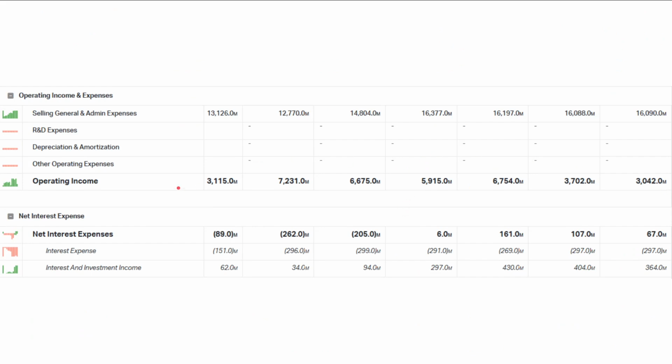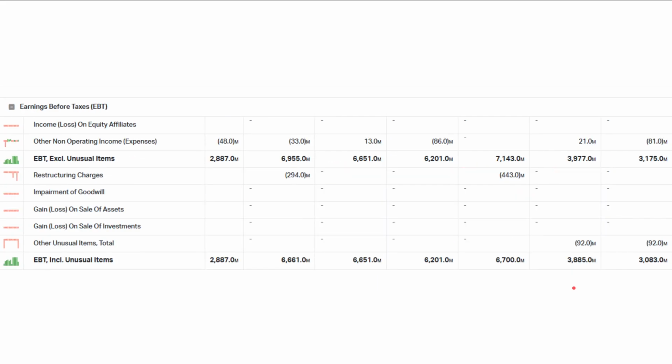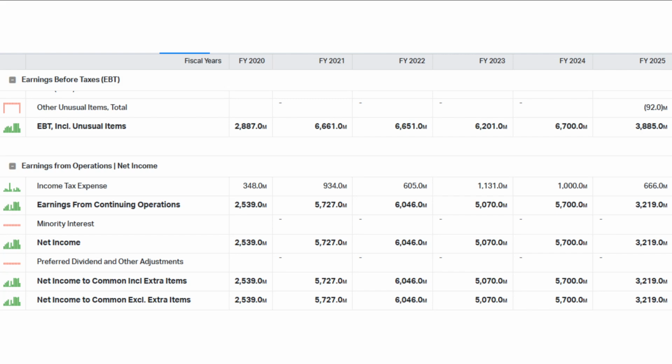And operating income and expenses look similar, very good numbers, and then in 2024 and now in 2025 those numbers went down quite a lot. Alright, and we can see that in 2025 the net income dropped around 40% from the previous year, so this is a huge decrease in net income.